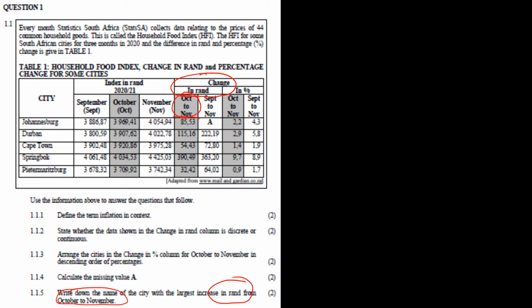So basically in this section here, we are looking for the one with the largest amount, and that would be the Springbok. Alright, that would be this area here, just to indicate to you it's this part here. So your answer is Springbok.